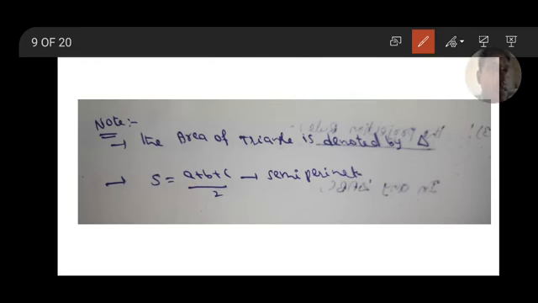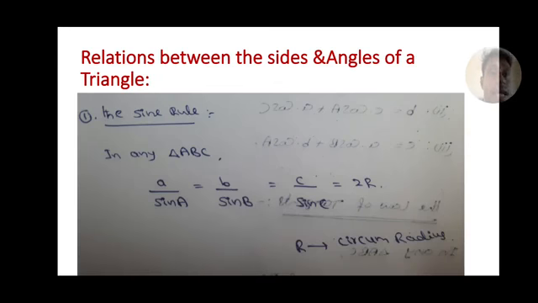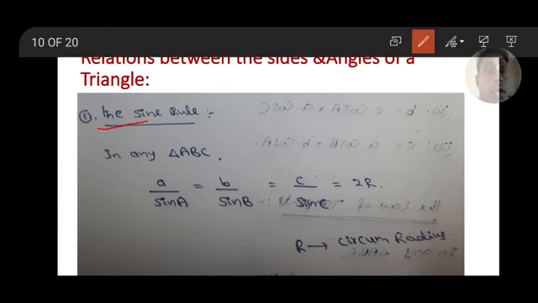Next, properties: relations between the sides and angles of a triangle. The first rule is the sine rule.